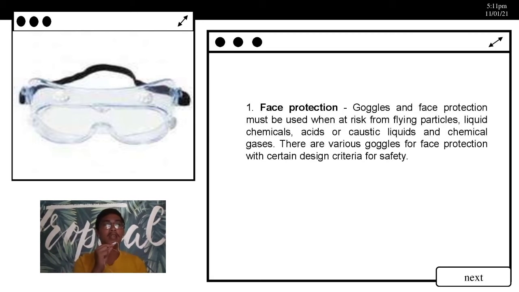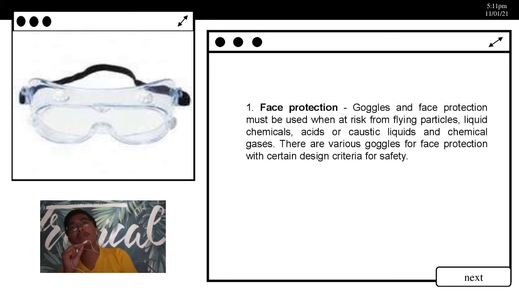Next one is the chemical splash goggles. As you can see, there are glasses that would protect your eyes from laser, but there are also goggles that would protect you from chemical splashes. These are intended anytime a splash of chemical or infectious substances could reach the eyes. This is very useful when you are working in a workplace that involves liquid chemicals.